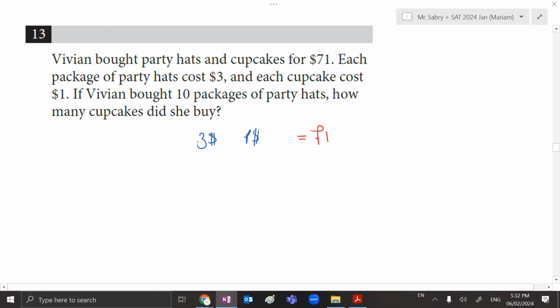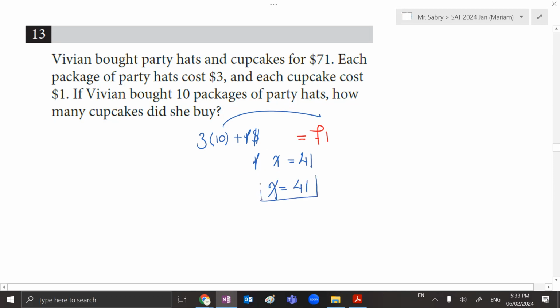So that's 10 times 3, which is 30. So then we subtract 30 from 71. Perfect. Right? That's 41. Yes. So x is equal to 41 because 1 times x is just x.